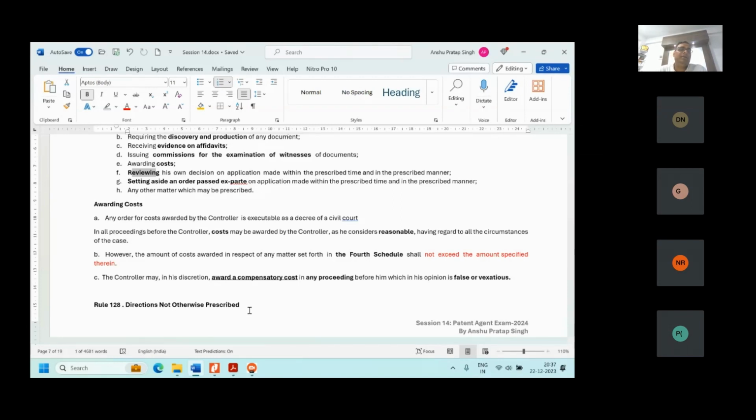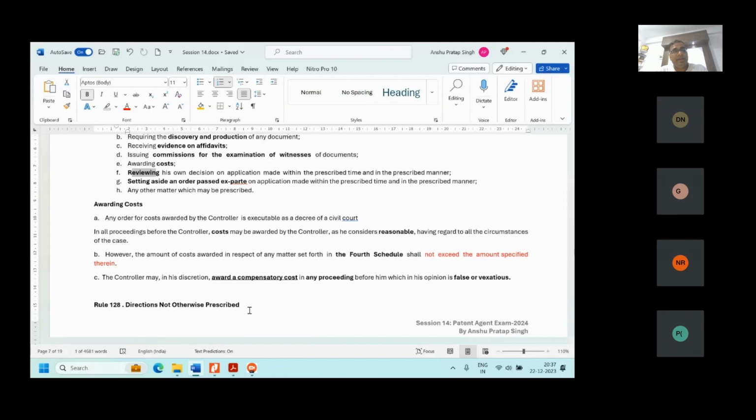Then, if an order was passed against him, you can ask the controller to set aside an order passed ex parte. However, please note, ex parte order doesn't mean that it was passed without merit. Ex parte simply means the other party was not present.